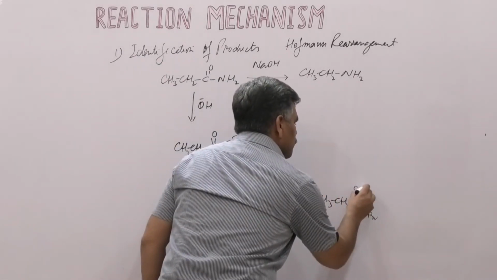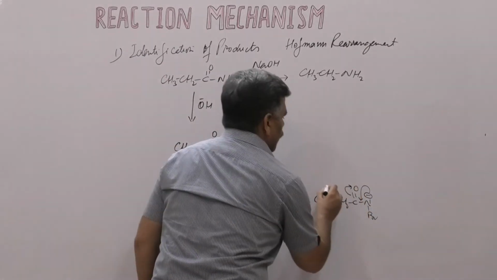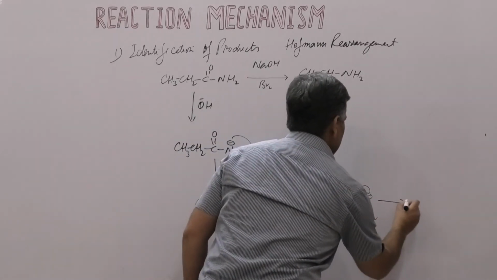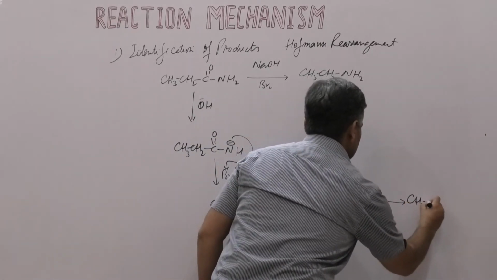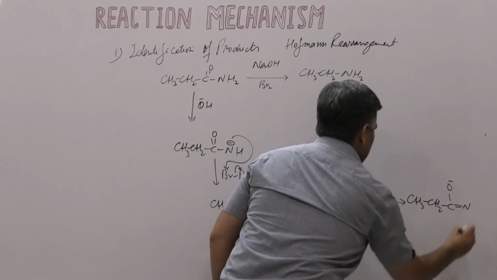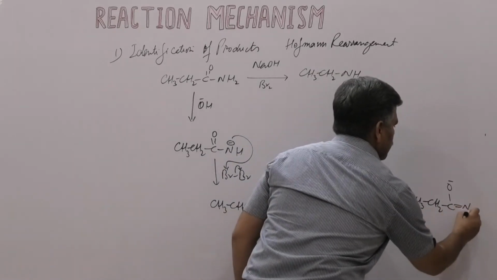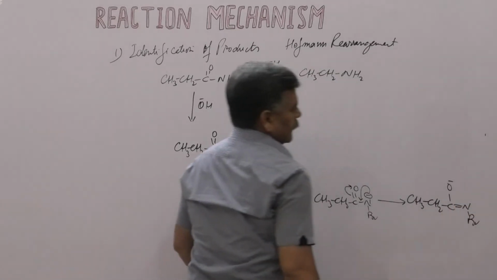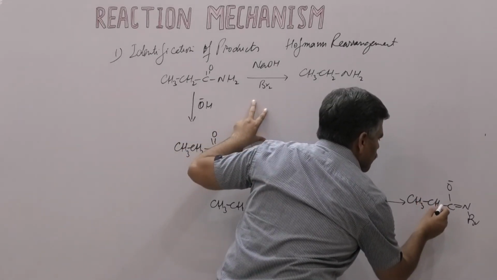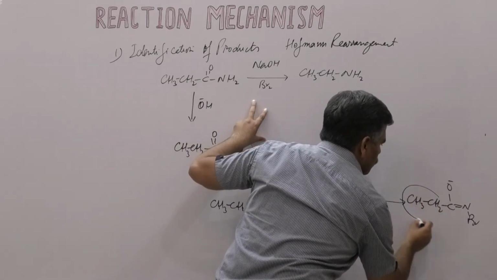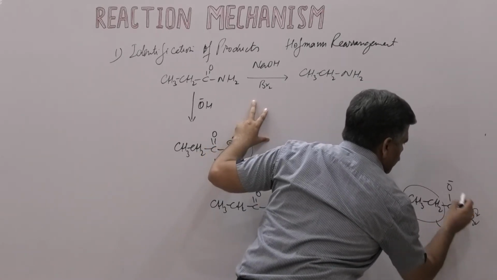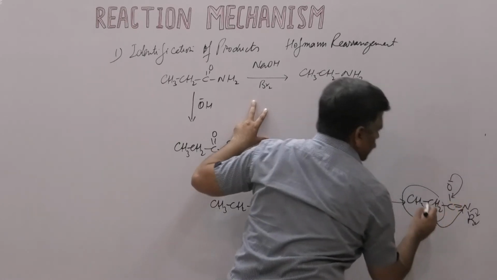When this negative charge appears here and the double bond shifts, we have CH3CH2, O negative, double bond N and Br. In this case, this ethyl group is shifted to this nitrogen and Br is removed.